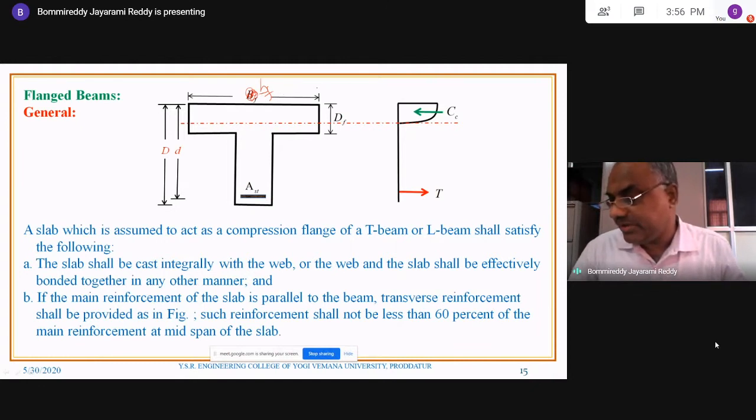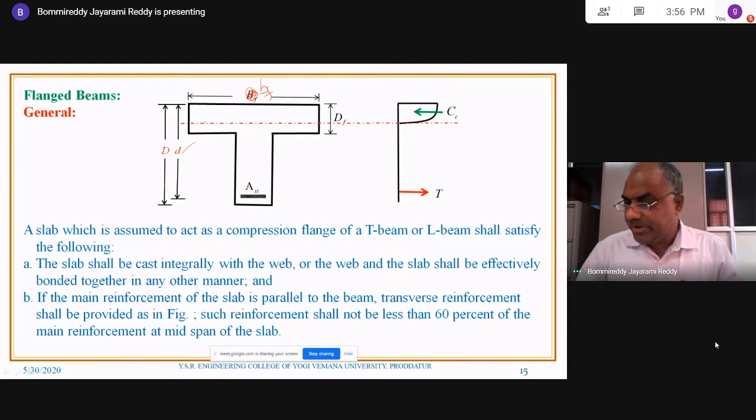Small f means flange, and the depth of the flange is Df, and overall depth is D from top to bottom. And small d is the effective depth, meaning from the center of the steel reinforcement to the extreme compression fiber.